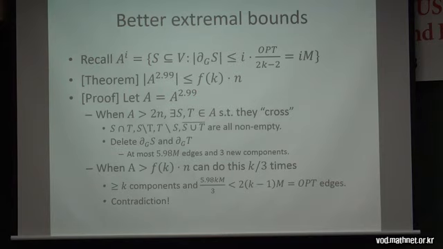Then we get k connected components, and we are paying slightly less than opt by the choice of parameters. So it gives us a contradiction, because we found a k-cut which is strictly cheaper than opt. So this was the proof idea.